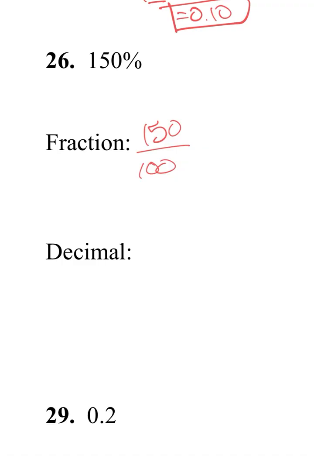Actually, what about 50? Could 50 go into 150? There we go. Let's try 50. So 150 divided by 50, on your calculator, it should be 3. And 100 divided by 50 is 2.